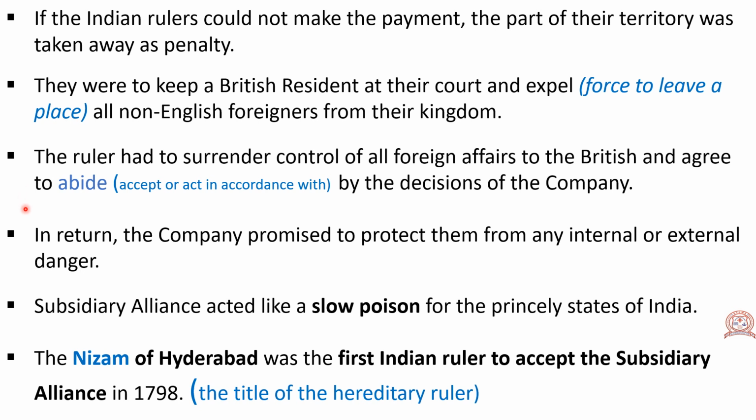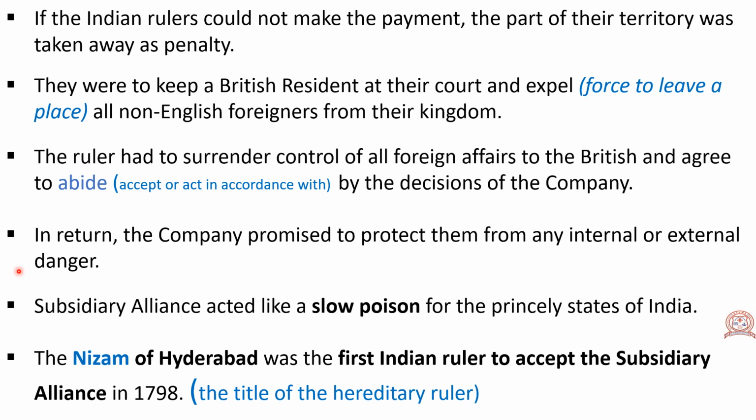If the Indian ruler did so, in return, the company promised to protect them from any internal or external danger. Internal or external danger means if any internal or external war came, the company protected that territory.